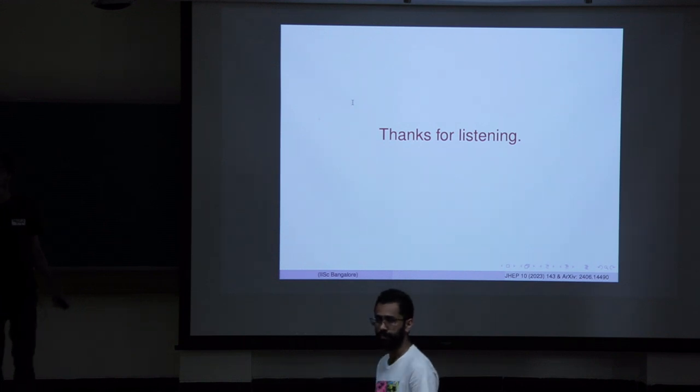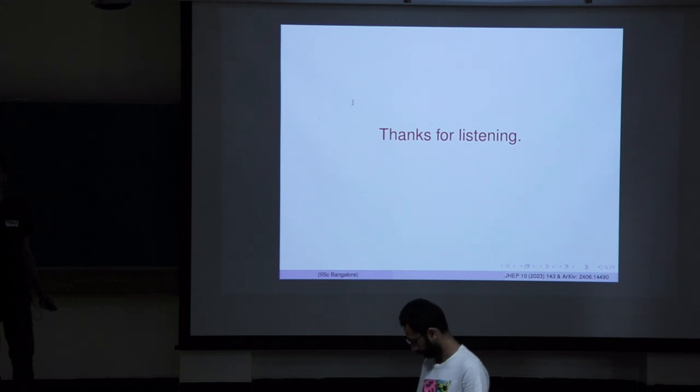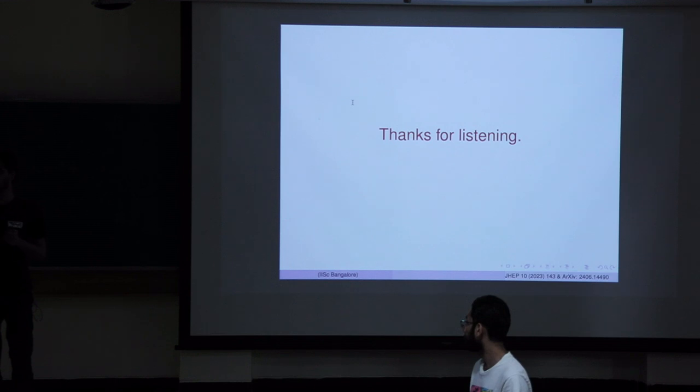Hi, thanks for the nice talk. I wanted to ask, this non-trivial fixed point that you're using in the CFT, is it an IR or a UV fixed point? Depends on the dimension. In d equal to 3, for scalars, it's an IR fixed point. But across the dimensions it flips. If you go to d equal to 7 and so on, then yes.